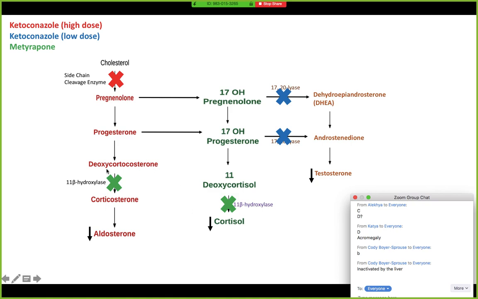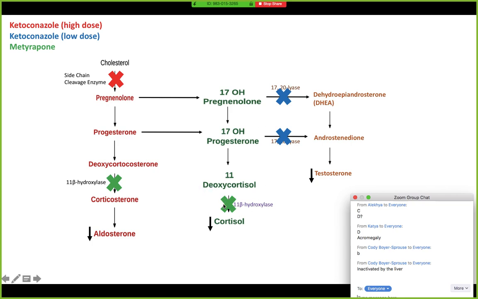this is actually a diagnostic drug. So if you're trying to decide where the problem is, is it the hypothalamus, is it the pituitary, is it the adrenal gland, you would administer metyrapone, and based on that response, that would lead you in the right direction.